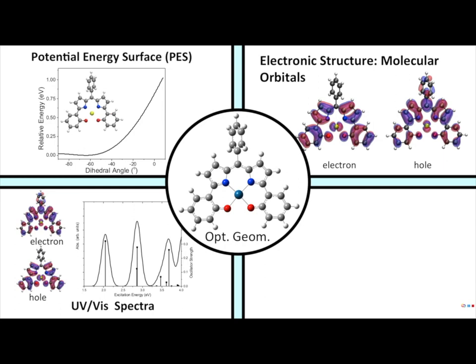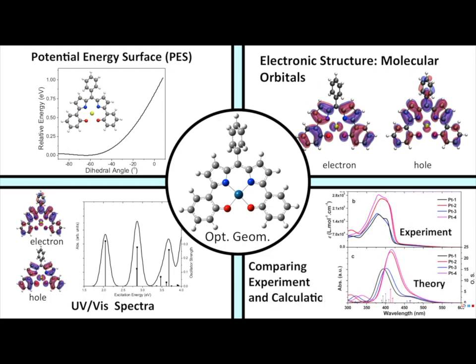We can calculate the absorption spectra and also get information on how the excited state, now not the ground state, electron-hole pairs contribute to each of these optical transitions, where this density is located with respect to the molecule for the different types of transitions, the first transition, second transition, and so on. And as a final step, we can compare the calculated absorption spectra with experimental spectra for this molecule.